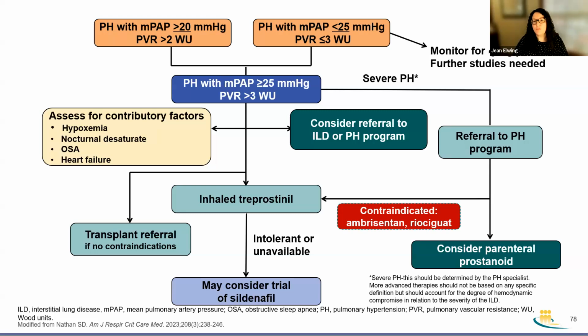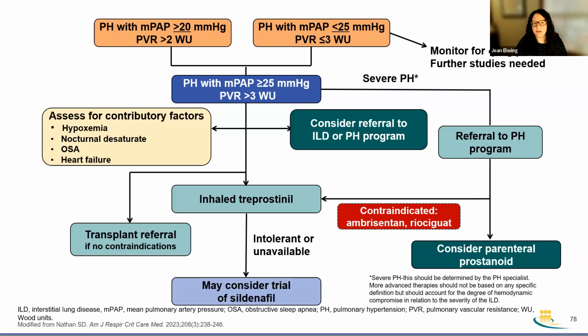But those patients who meet that criteria over time with a mean of 25 or greater and a PVR greater than 3 would go on to be considered for treatment, considered for referral to transplant, and in certain circumstances would also be considered for sildenafil addition in select populations.